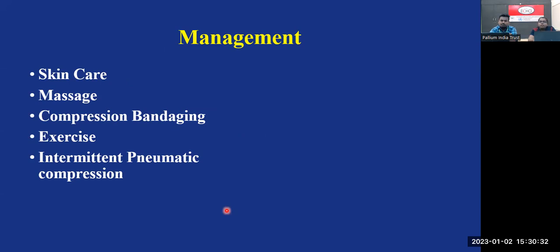The next principle is massage. You can do manual lymphatic drainage for these patients. As I mentioned earlier, if they have edema in one arm, say the left arm is affected, our duty is to push the fluid from the left arm to the chest area, where there are a lot of lymph nodes.